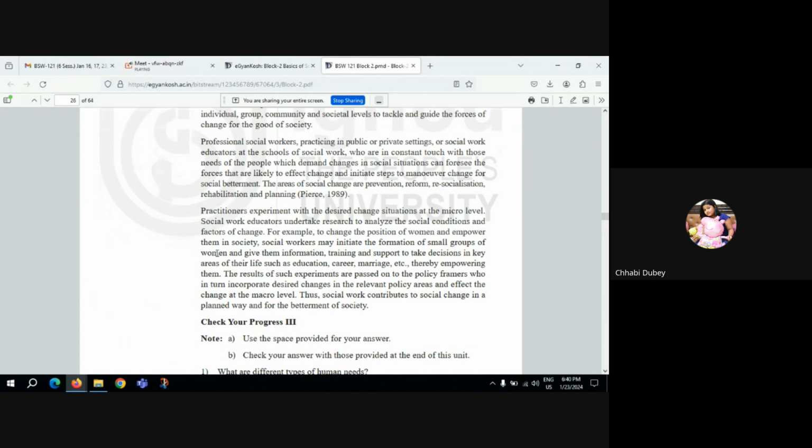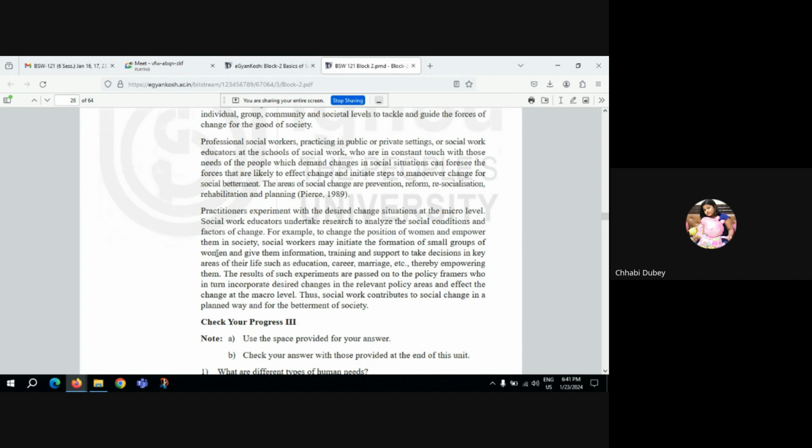Social work educators undertake research to analyze social conditions and factors of change. These are some of the people working at that level. It may be to change, say, the position of women and empower them in the society, or maybe social workers may initiate the formation of small groups of women and give them information.